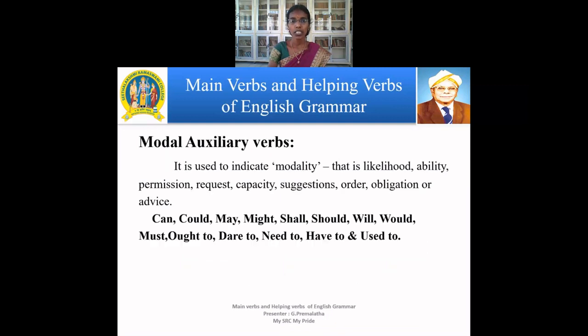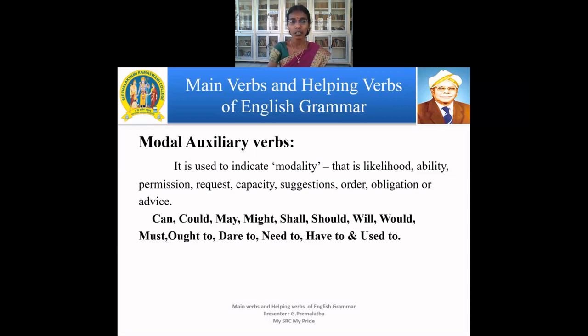Next one, modal auxiliary verbs. Modal auxiliary verbs are used to indicate modality, that is likelihood, ability, permission, request, capacity, suggestions, order, obligation and advice. In these kinds of situations we use modal auxiliary verbs.